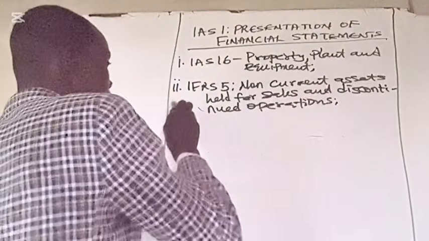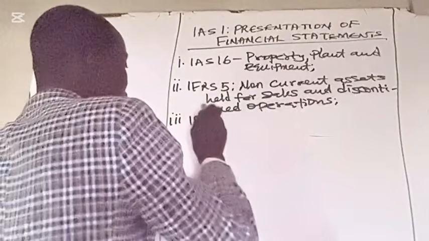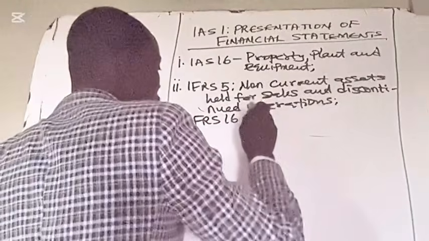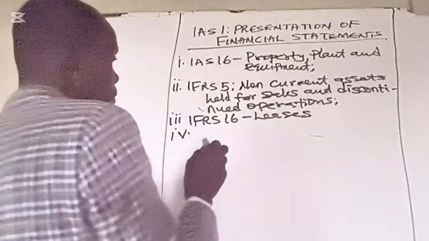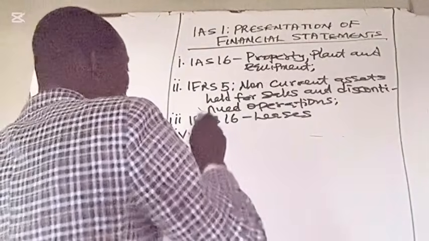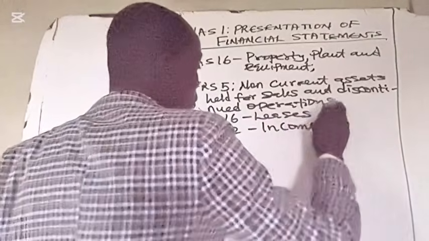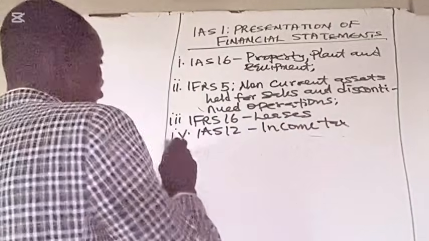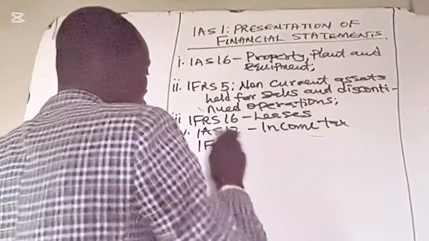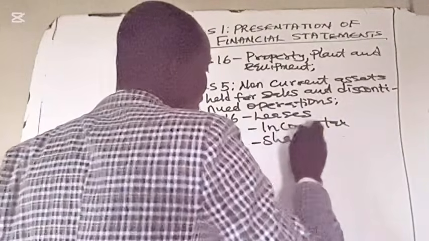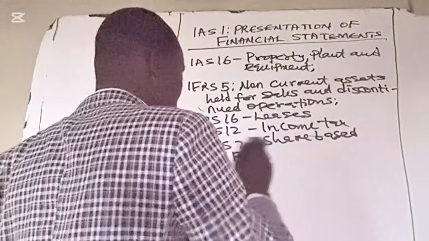Number 3, we have IFRS 16, leases. Number 4, IAS 12, income tax. Number 5, IFRS 2, share-based payments.